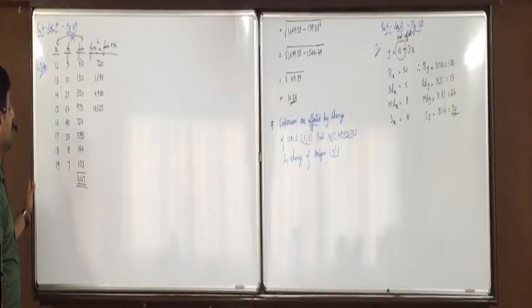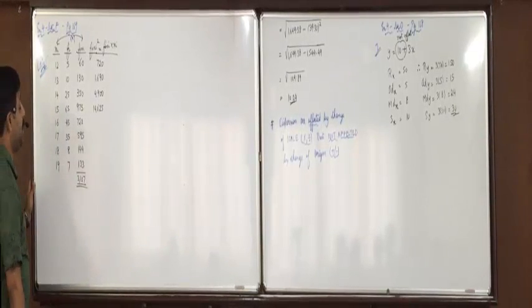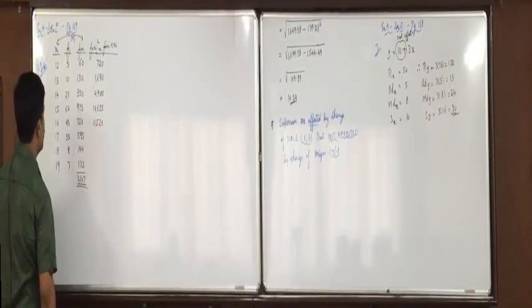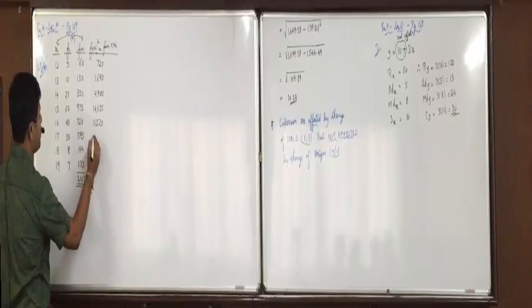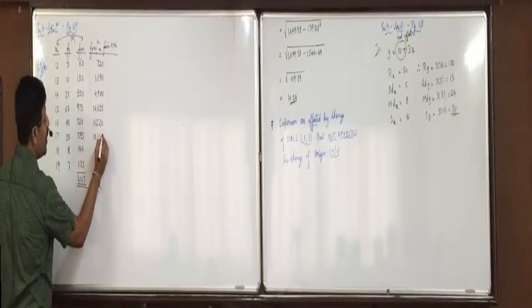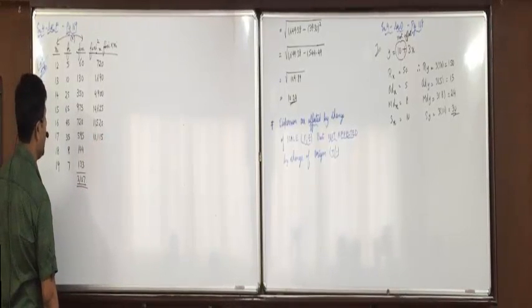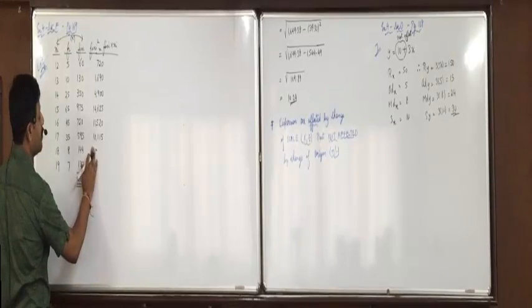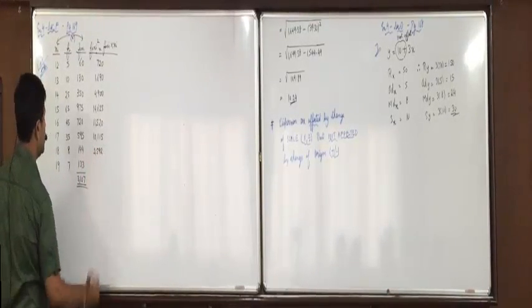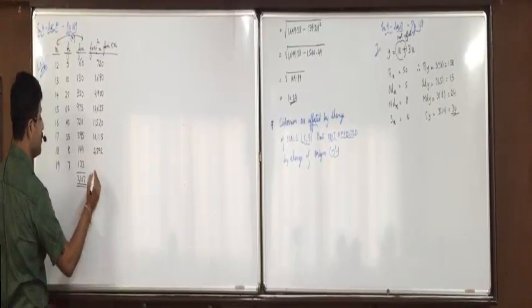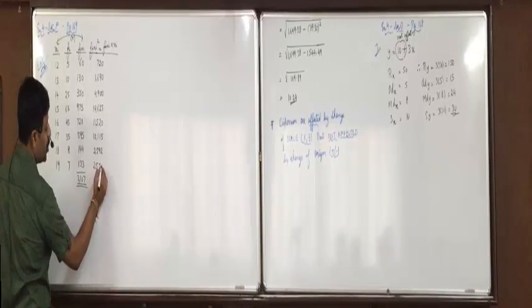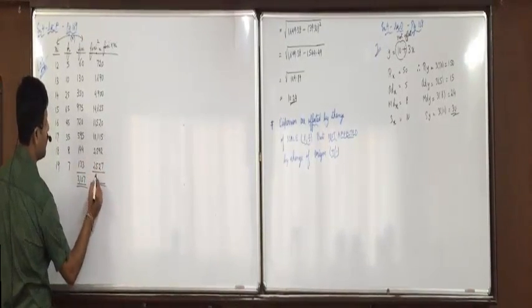Yes. 16 into 720, 11520. 595 into 17, 10115. 144 into 18, 2592. And 133 into 19, 2527.